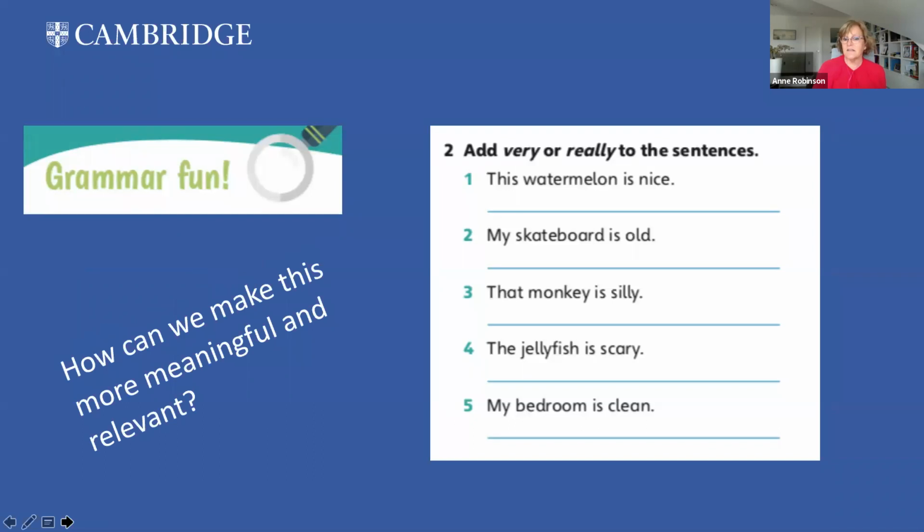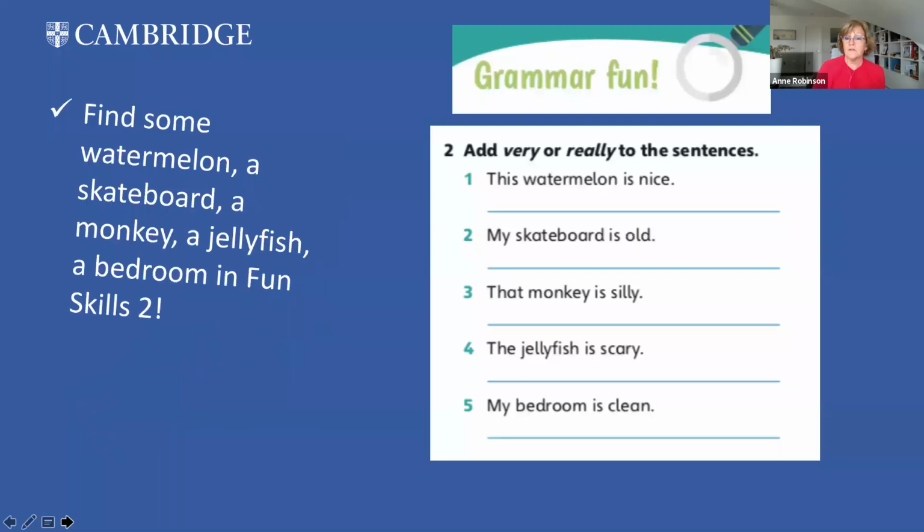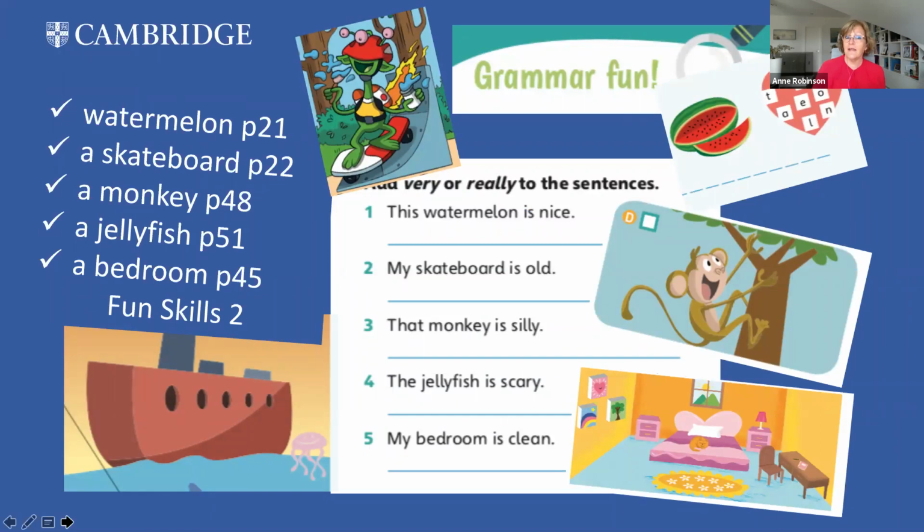But those sentences are totally decontextualized. So how can we make it more meaningful and relevant? Find pictures for those sentences. And I found pictures for all 5 sentences in Fun Skills 2.